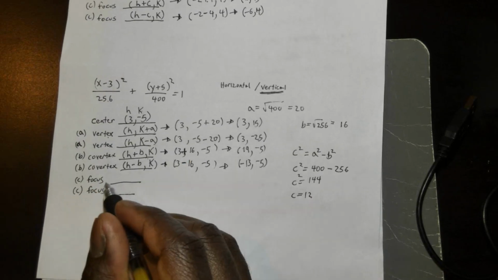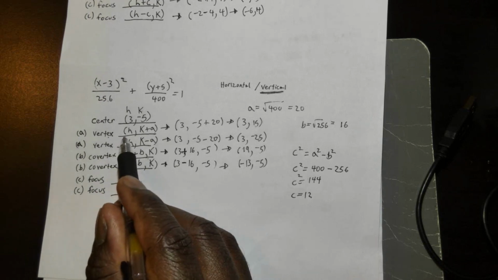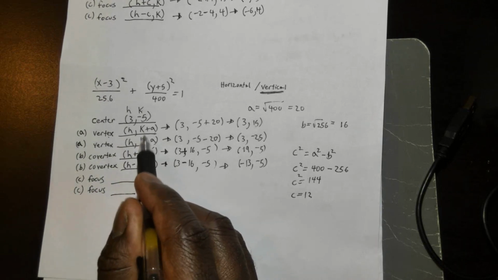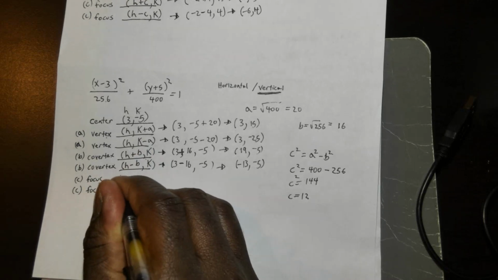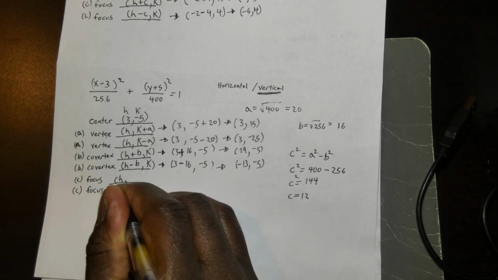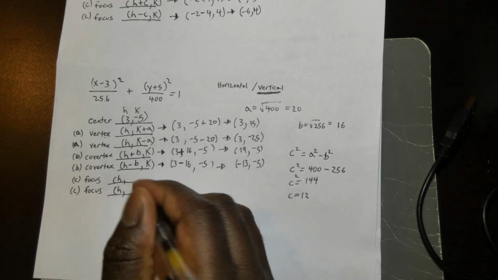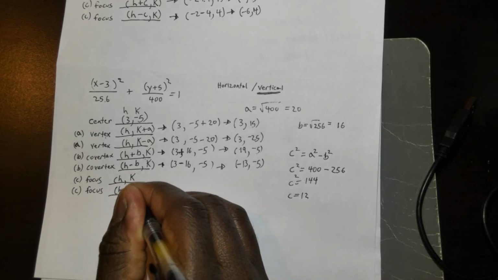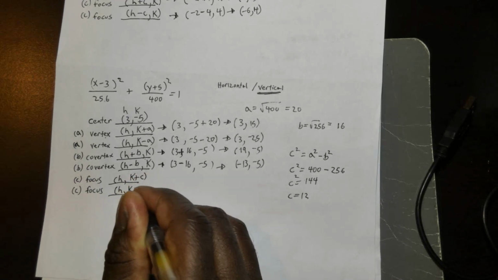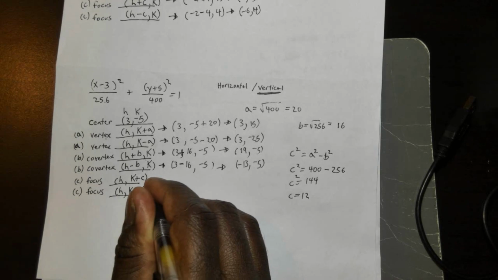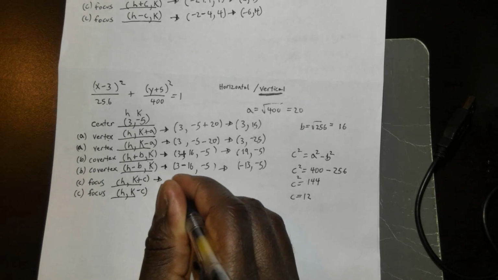Remember that the focus works kind of like the vertex. So if we're changing the y on the center to get the vertex, then we're going to do the same thing on the focus. So that means the h value is going to stay the same. So k is either going to be added with c or subtracted by c. And if we do that, this is what it looks like.